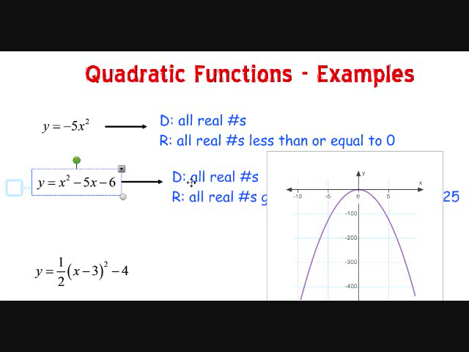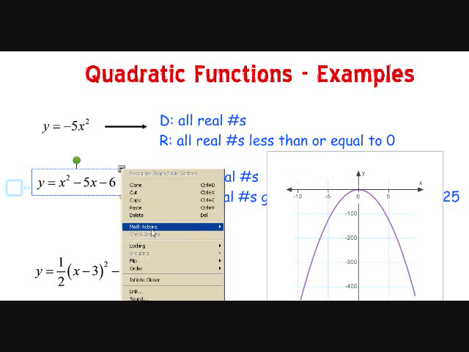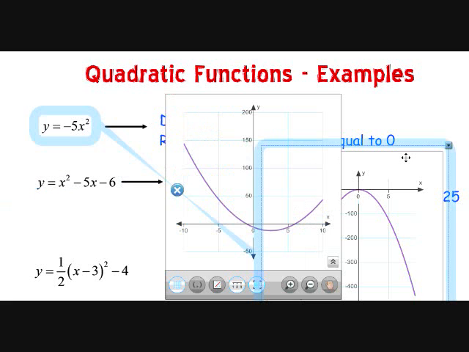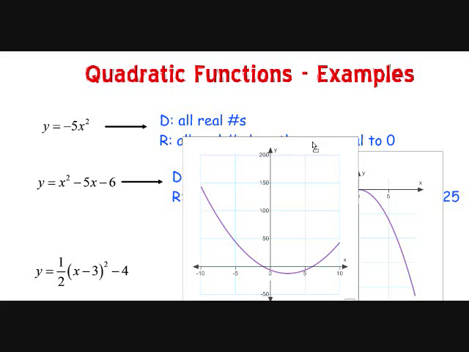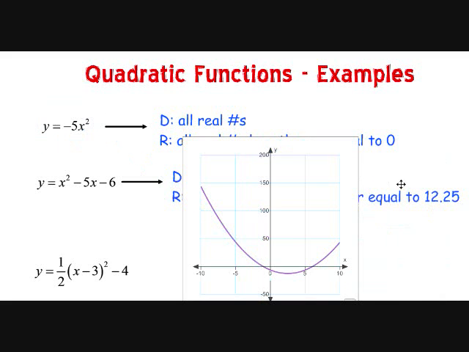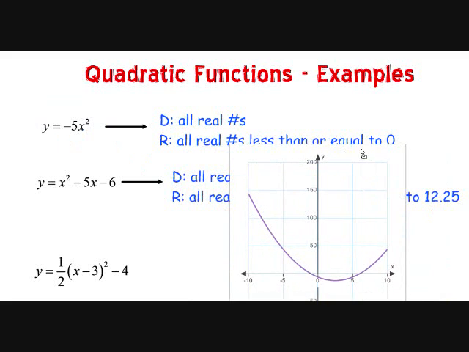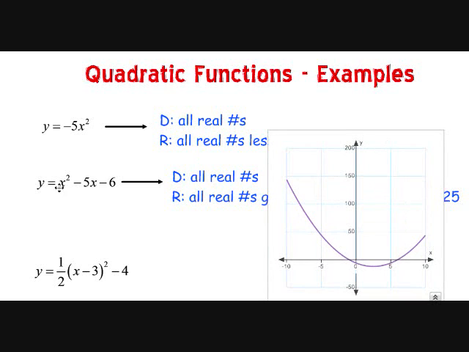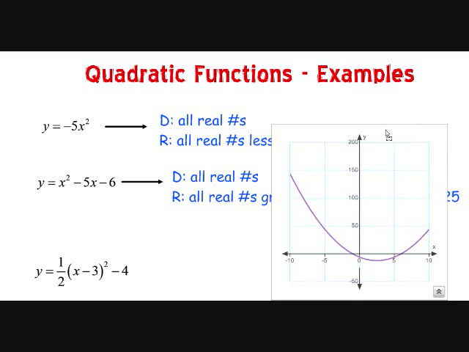Okay, let's look at this next one. y equals x squared minus 5x minus 6. I graph this guy. Since the a value is positive, we have a U-shaped parabola. Okay, so here's my graph.